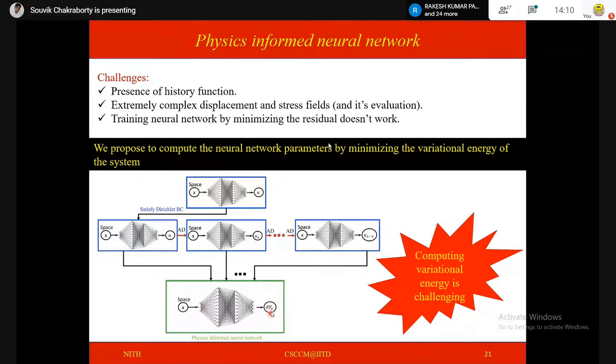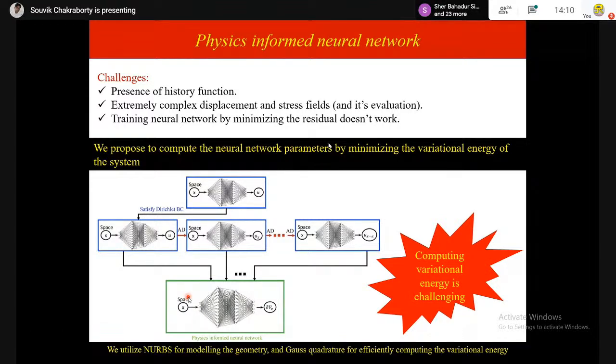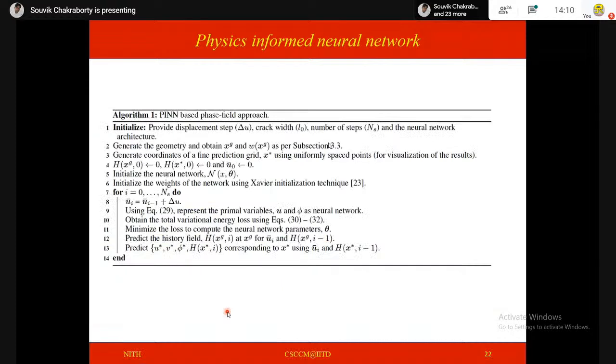And that is a challenging aspect: how to compute variational energy, or how to do the integration. Again, we went back to finite element. They use Gauss quadrature. So we use Gauss quadrature to integrate this variational energy over the problem domain. That is what we did. And here is the algorithm.